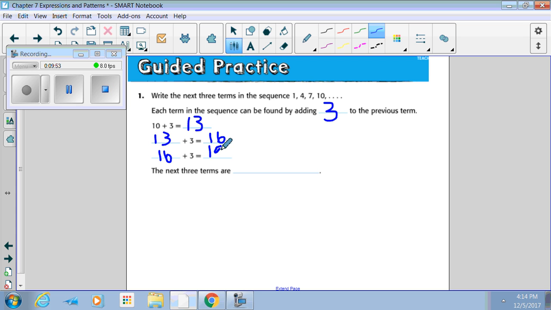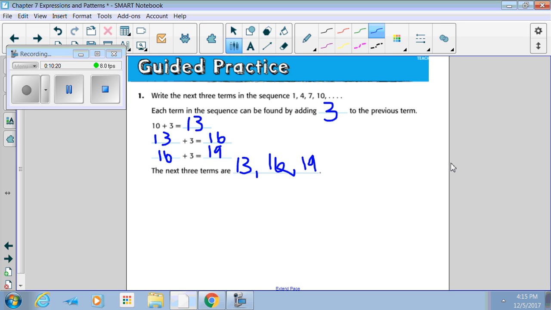So our next 3 terms are 13, 16, and 19. That's a comma. That's okay. Yeah, that's a 9. So here they kind of gave you that rule.